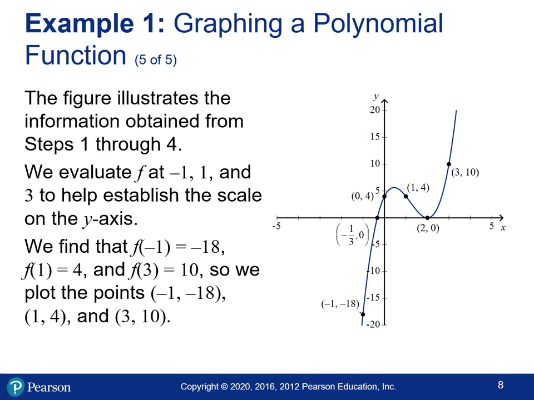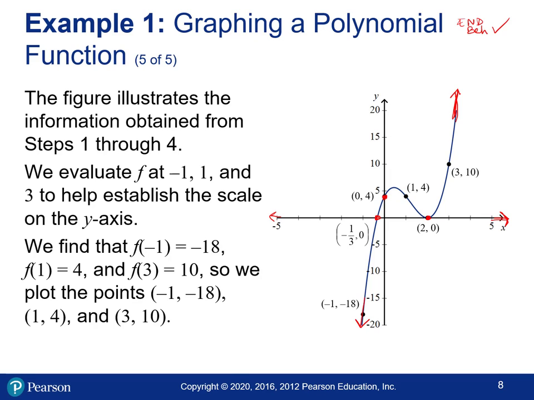Notice if you go back in our steps, the graph does go down toward the left as we go toward -infinity for x, and up to the right as we go toward +infinity for x. That was our end behavior, so end behavior, check. Then we had our y-intercept of (0, 4), and we have our 2 x-intercepts.